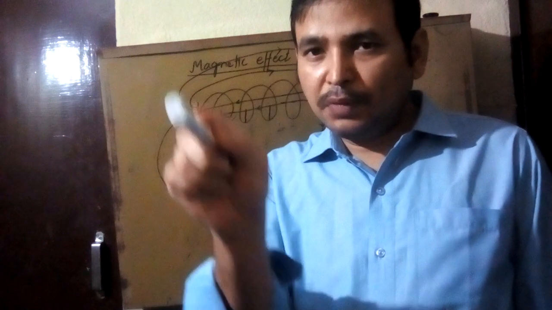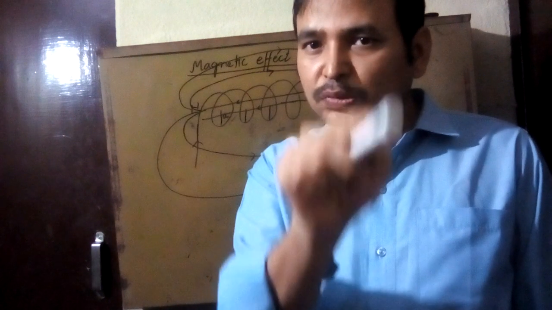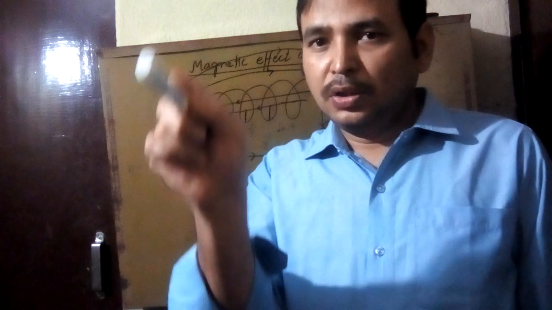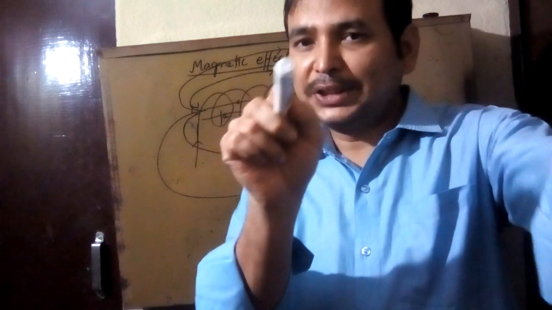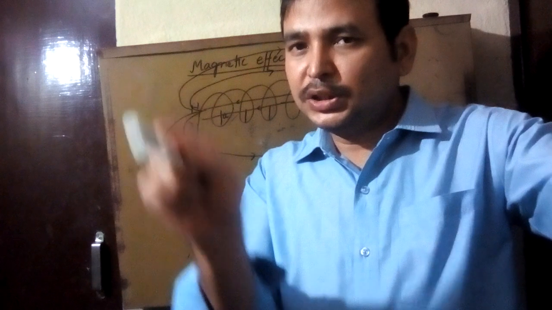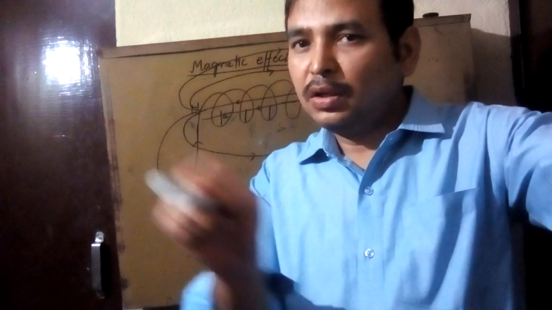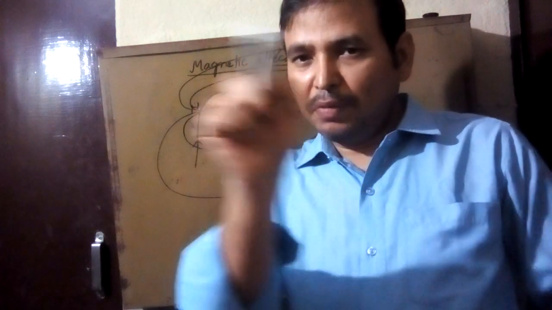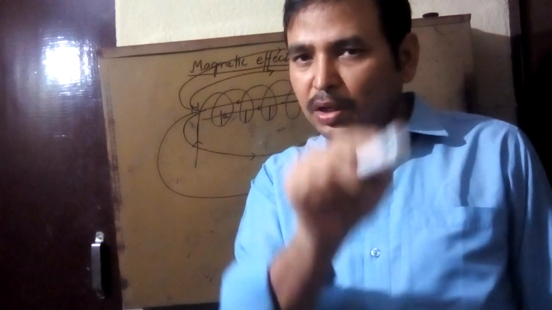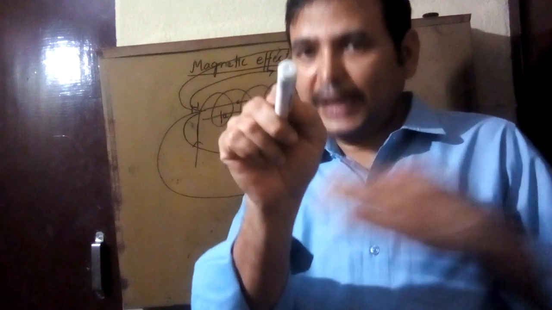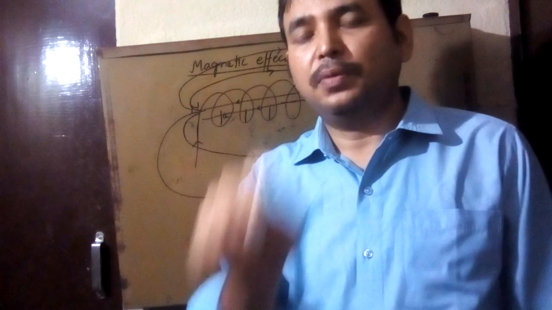But when you are observing, you will see that current is flowing in anti-clockwise direction. So that side, your side, will be north pole. And in my side, if any observer is here, he will feel clockwise direction. That side will be south pole.